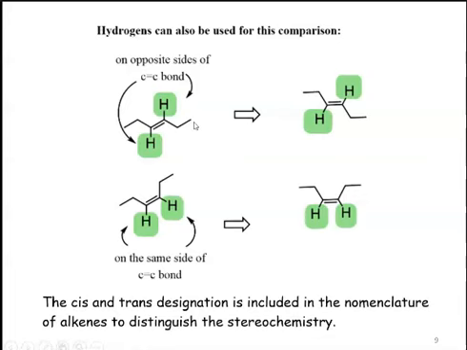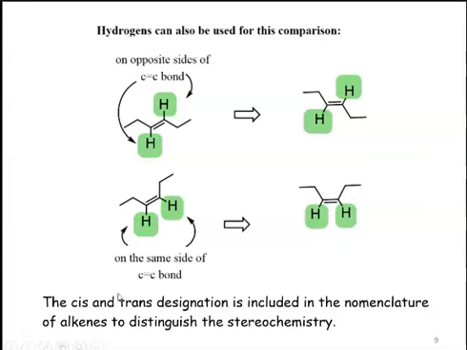Now, to make it simpler, we can represent the same structure in this orientation also. Here we can clearly observe the two hydrogen atoms lie opposite to each other. We can represent the same spatial orientation this way also, where both the hydrogen atoms lie in one plane.